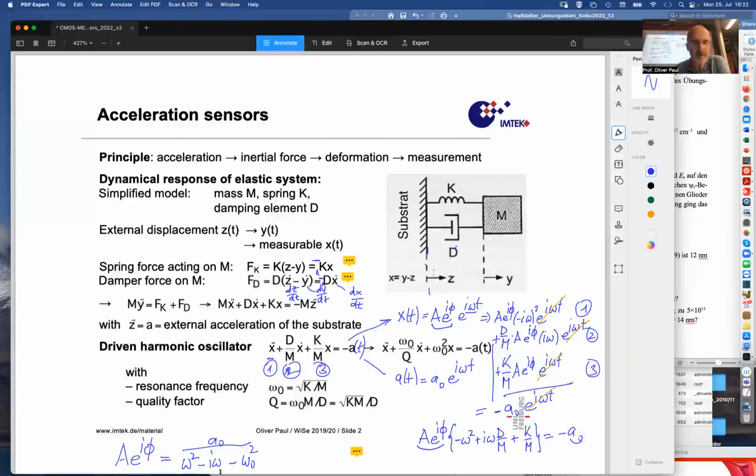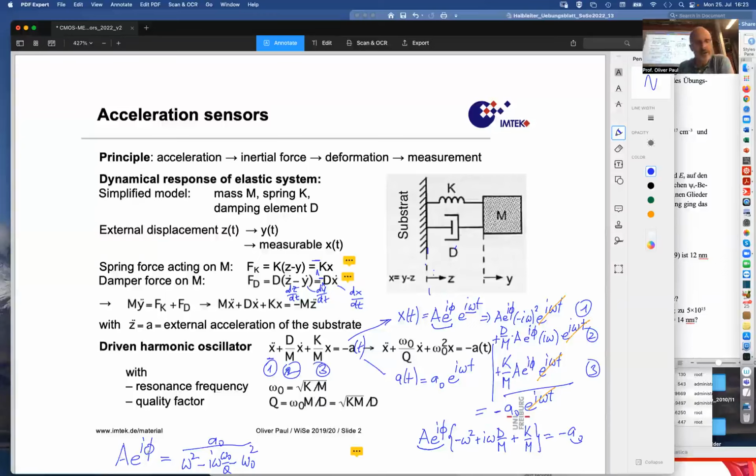And then we have this other term d over m, which can be written as omega 0 over Q. So this is usually written omega 0 over Q, where Q is the so-called quality factor, which can also be implemented here: omega 0 times m over d. And then we have here k over m over d, of course.